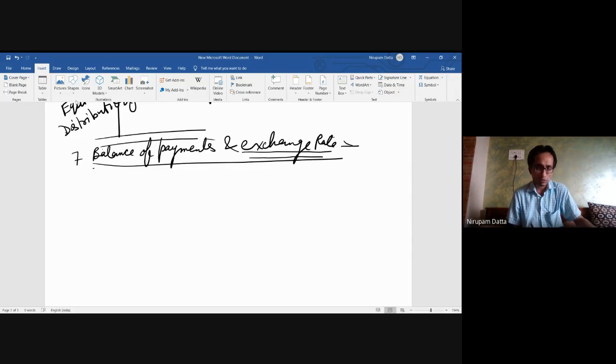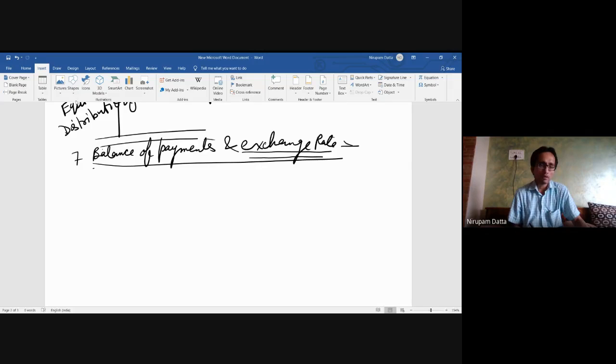So it is not just we trade in goods and services, but we also trade in what? Financial assets. We also trade in some investments. Financial assets means bonds, shares, debentures, different financial papers which you have. And investment means, let's say, if you're investing in some productive capacity abroad, the returns you're getting back as income.